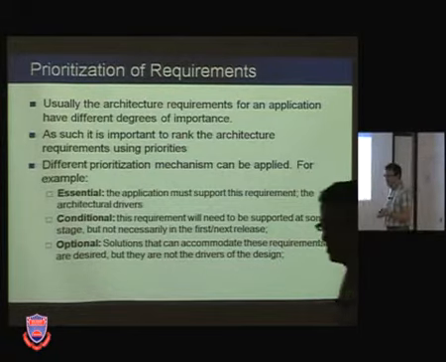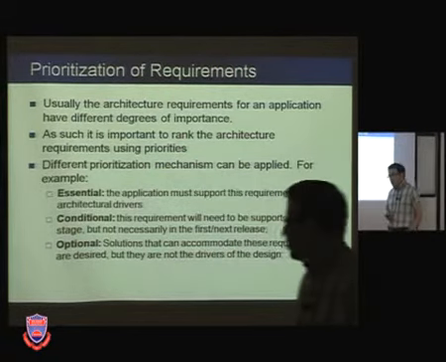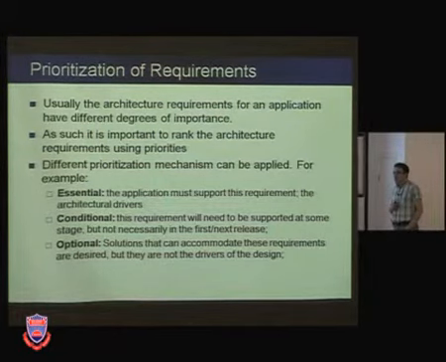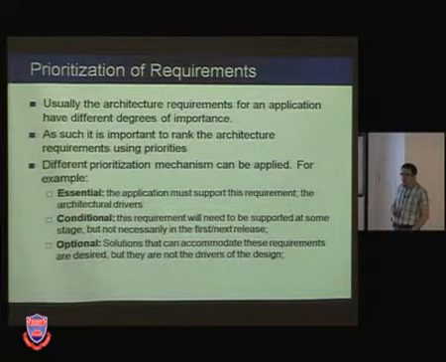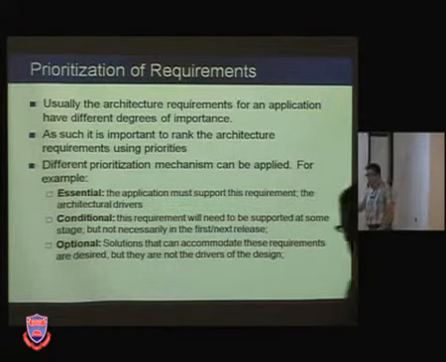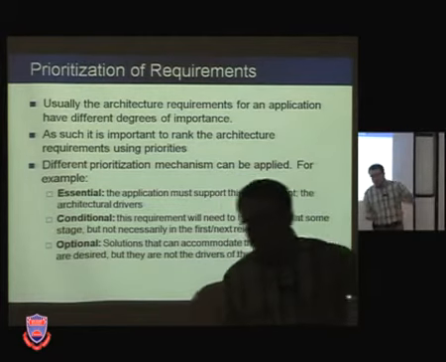Like we prioritize the stakeholders, we also have to prioritize the requirements. Why? Some requirements might be more important than others, so there's some degree of importance for each stakeholder and each requirement.